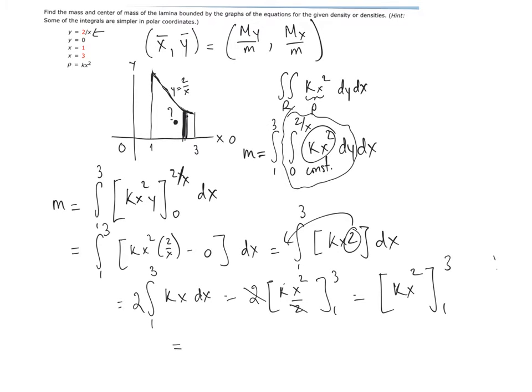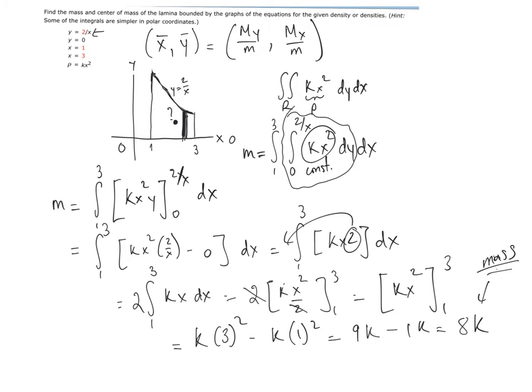So you would get k times 3 squared minus k times 1 squared. You would get 9k minus 1k, 8k. So this is your mass.